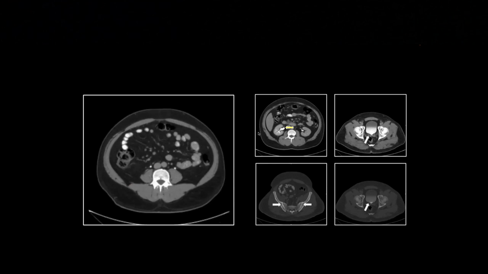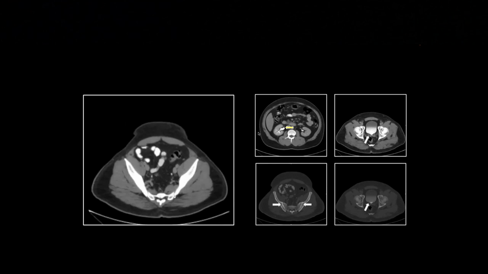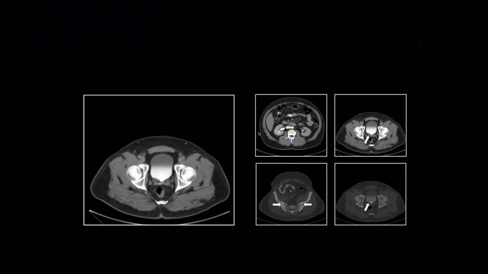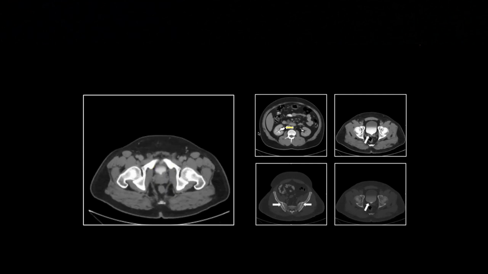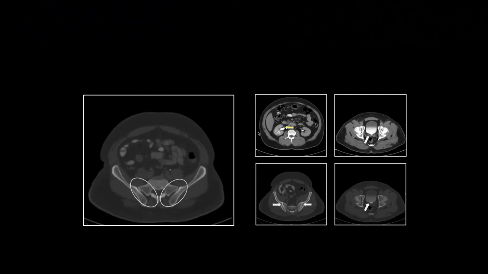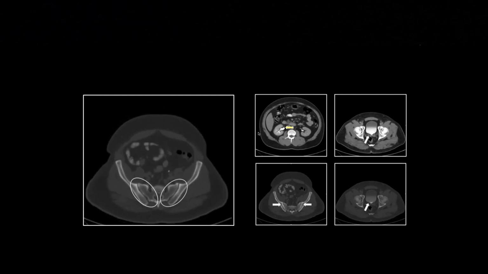And really tune yourself to the asymmetry of the collecting systems there. Again, that right hydronephrosis, I do not consider to be particularly subtle. Just a little difference makes all the difference diagnostically.